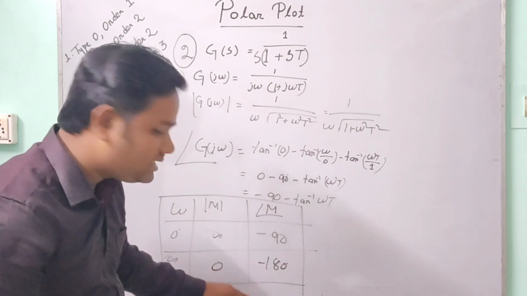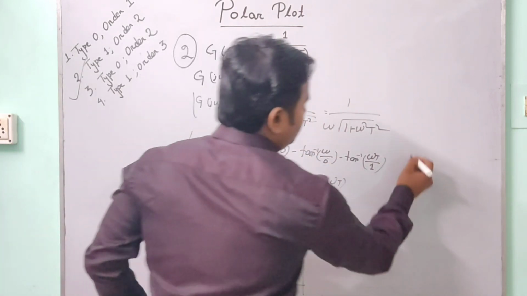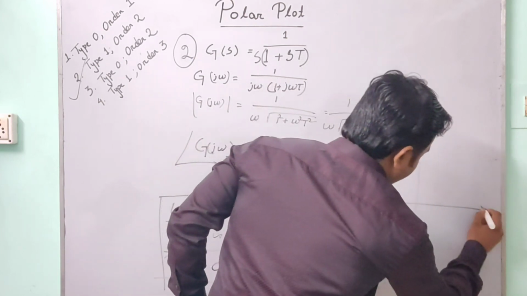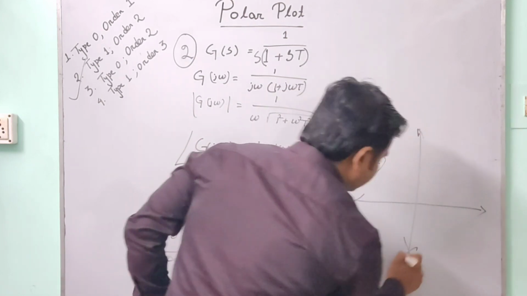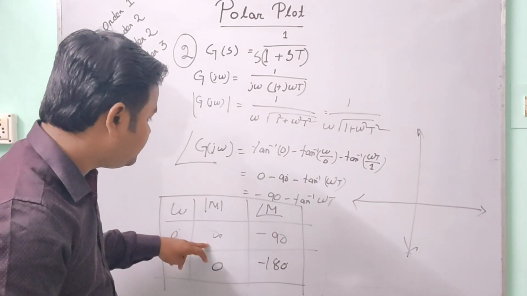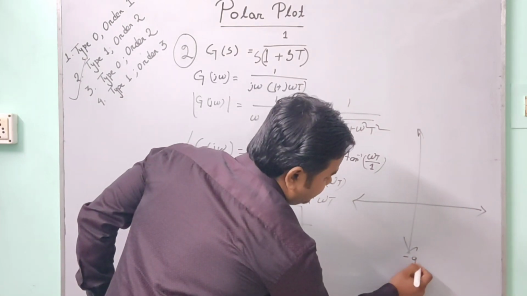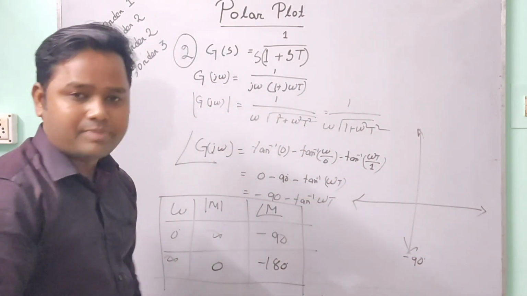So from these two tables we have to do its polar plot. The starting point is at omega equal to 0, that means magnitude is infinity and angle is minus 90 degrees. So we know that this is the minus 90 degree place, and here the magnitude is infinite.